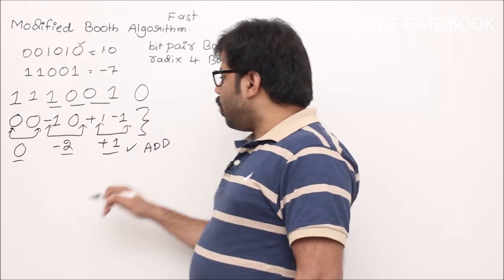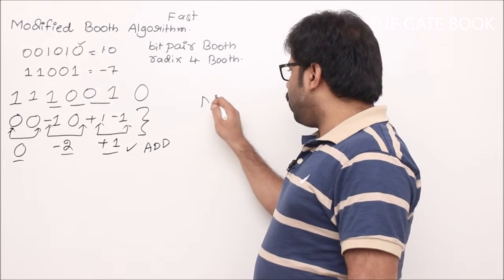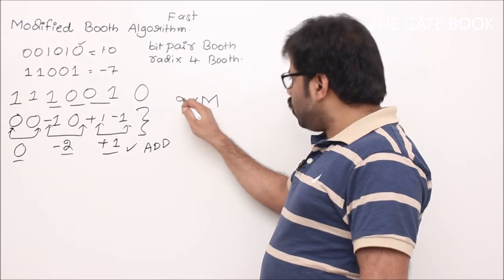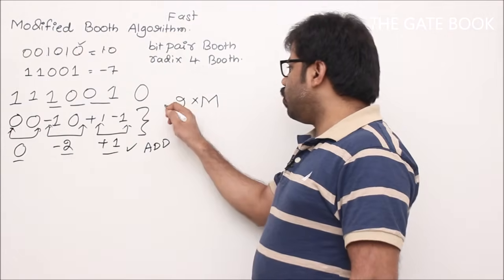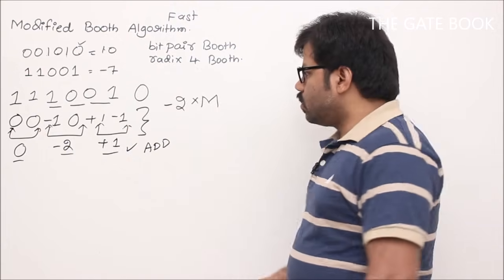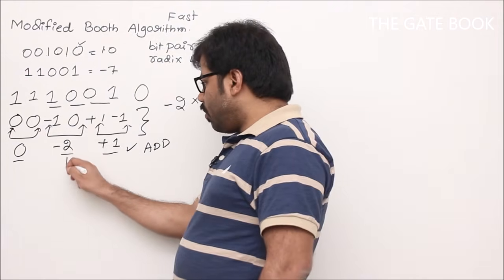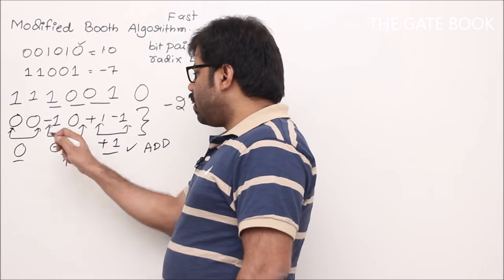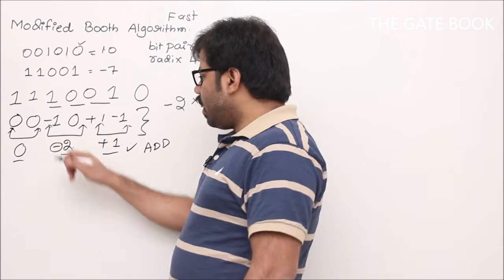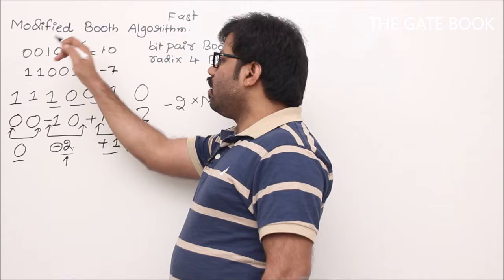Minus 2 means multiply that M, whatever the multiplicand you have, with 2. This is an extra thing now. Because we have minus 2, we should do minus 2M. So in this step we will be multiplying with 2 and also multiplying with minus 1. Multiplying with minus means finding the 2's complement.